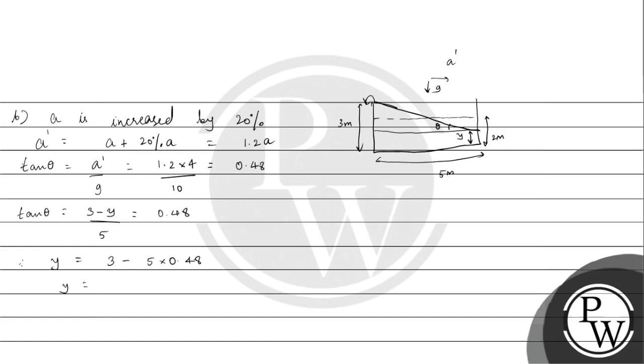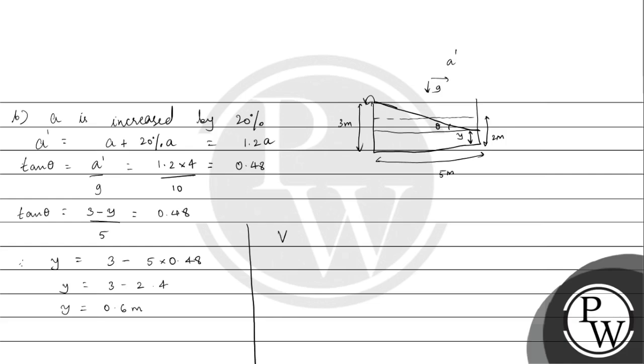So y का वैल्यू है 3 minus 2.4, which is 0.6 meters. So this is the height of the water which gets spilled.